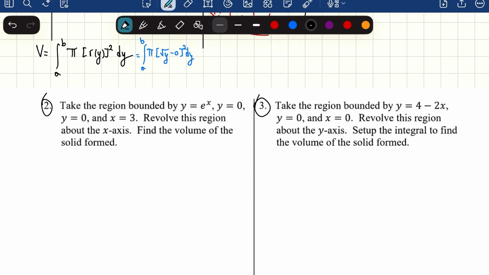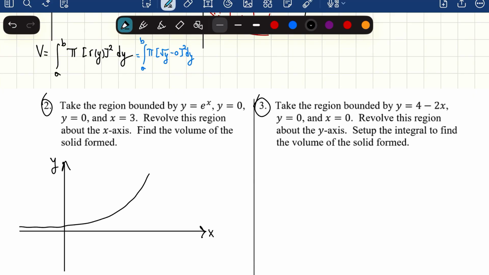In number 2, they told me to take the region bounded by y is equal to e to the power of x. So let's draw our shape. We've got x, y. This is going to be my exponential function. We know that e to the power of 0 is 1, so this point is (0, 1).